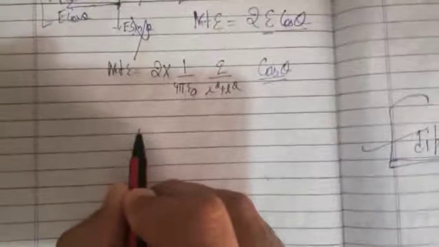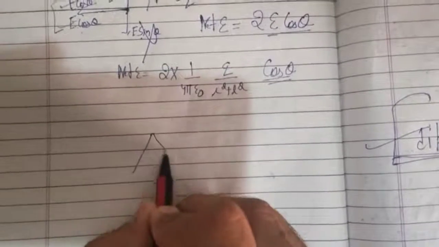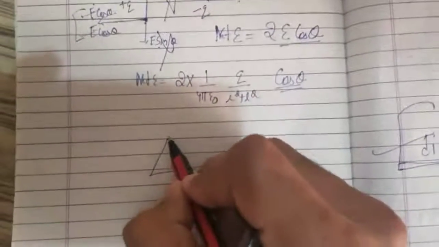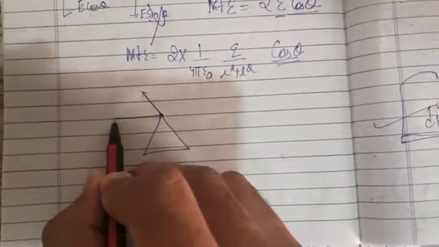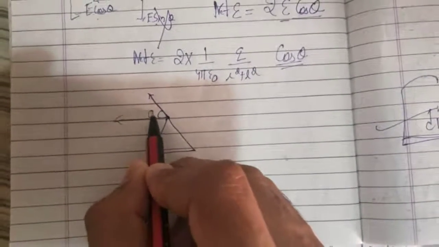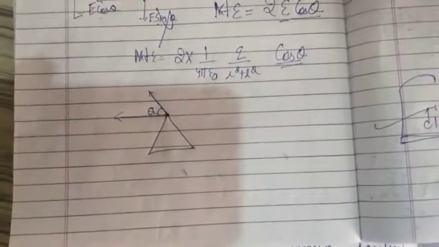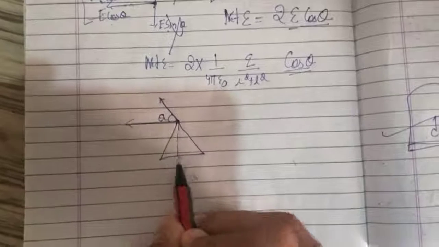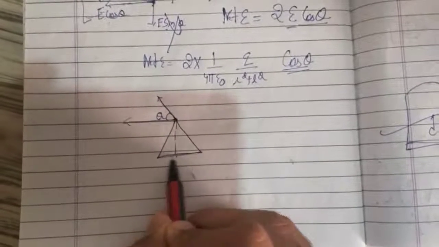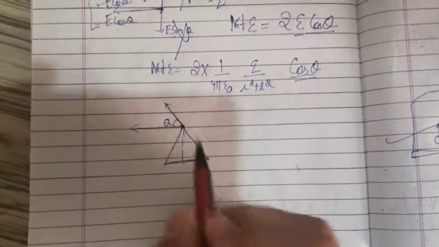You know, we have got this situation like this, and here the angle is theta. Here you know this line and this line are parallel, na? This line and this base are parallel, na? So if it is theta here, what is it going to be?